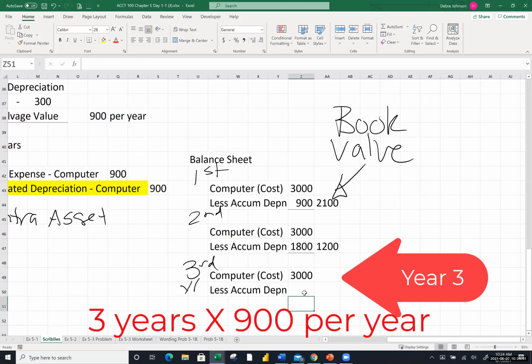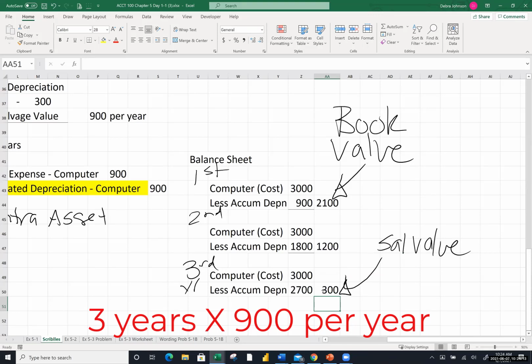You would have 900 times 3, which is 2,700. And now that computer is sitting on its books at its salvage value, right? Which is the amount that a company realistically expects they can get from selling or disposing of that computer.